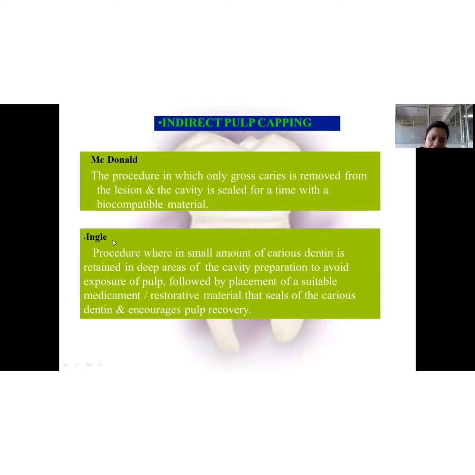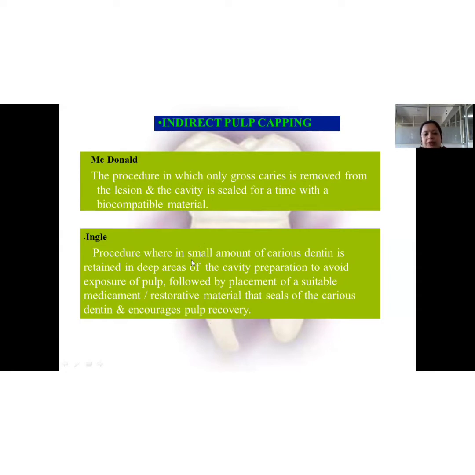According to Engel, it is a procedure wherein a small amount of carious dentin is retained in the deeper areas of the cavity preparation to avoid exposure of pulp, followed by placement of a suitable medicament or restorative material that heals off the carious dentin and encourages pulp recovery.